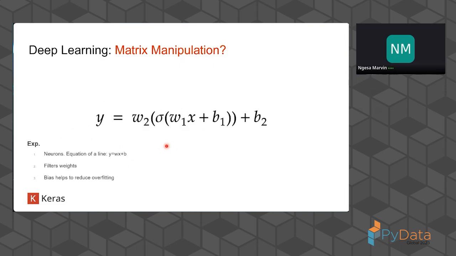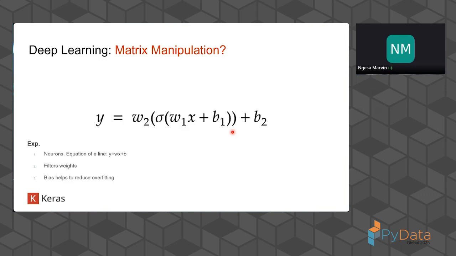You can take the values of filters as the weights, so W is, let's say, the filters, X is the matrix of numbers, and then you may see some b here. This b could just be a bias, and this bias could help us reduce overfitting in our model.